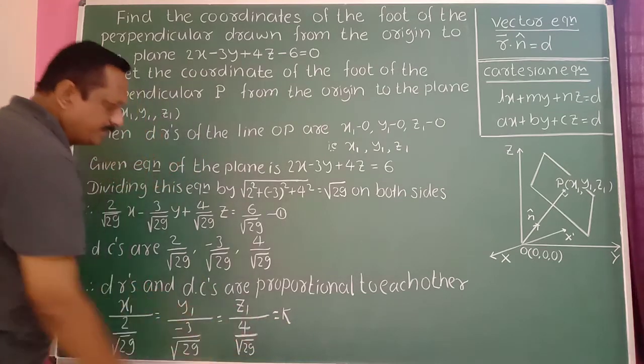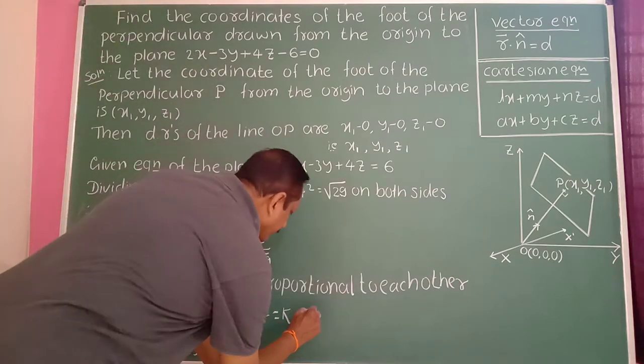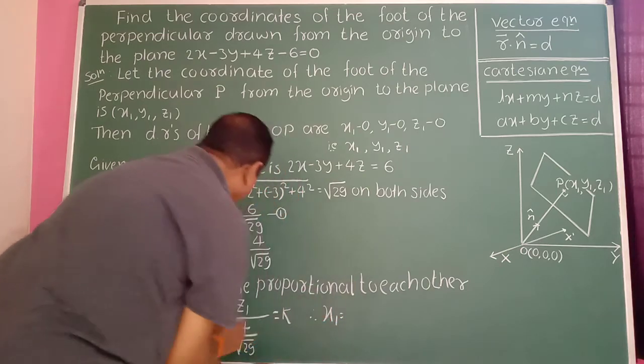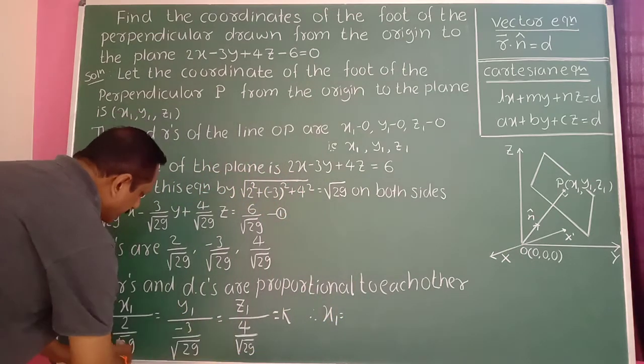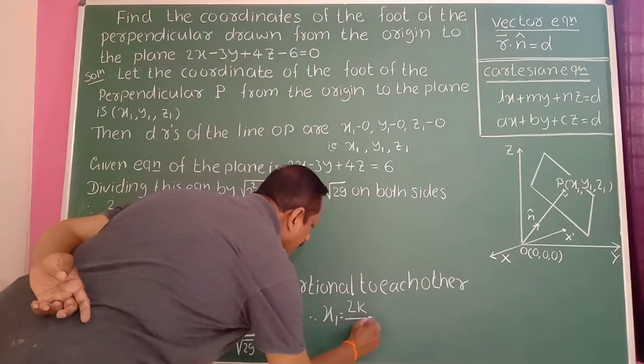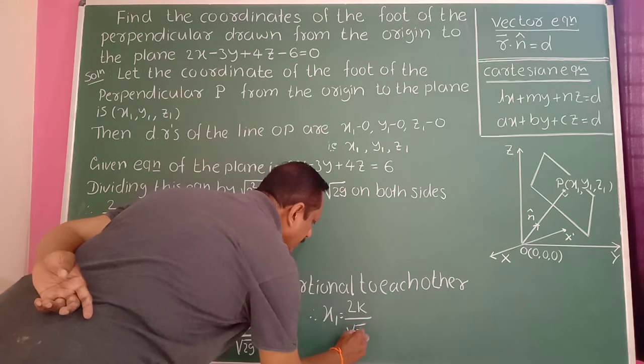We have to cross multiply. Therefore x1 is equal to 2k divided by root of 29.